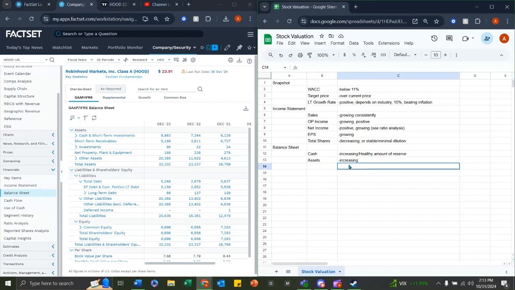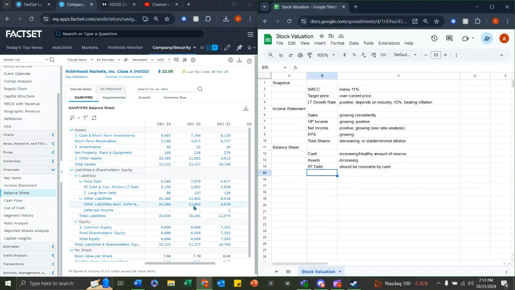But their cash can very easily cover their short-term debt. So what I'm going to do here is say short-term debt should be coverable by cash. Long-term debt is a positive that they have.